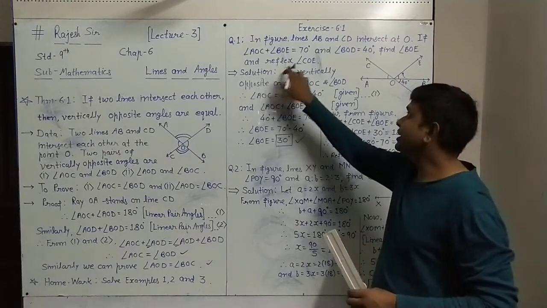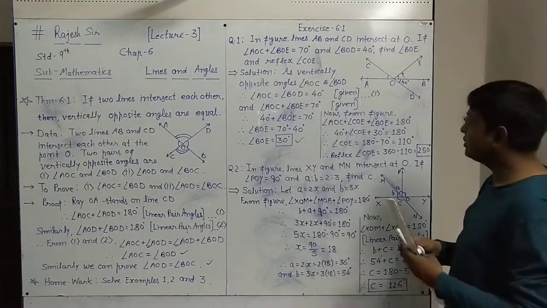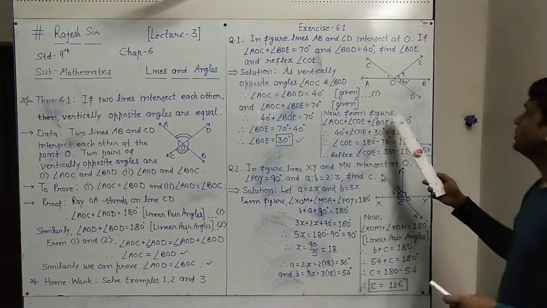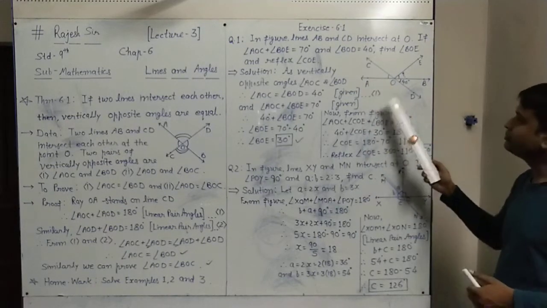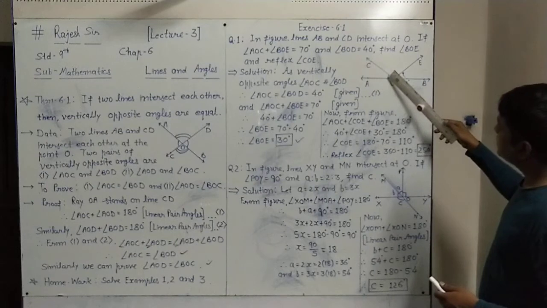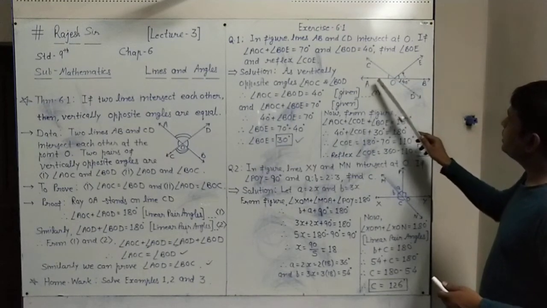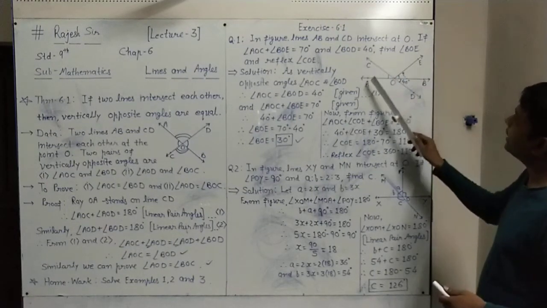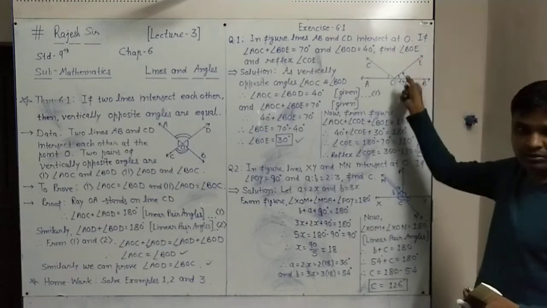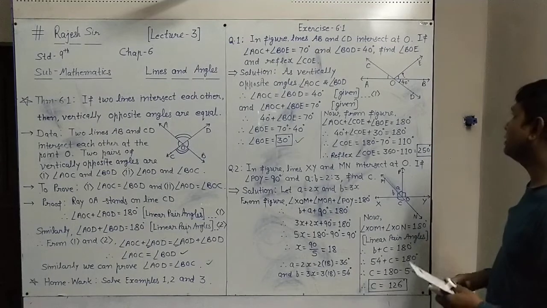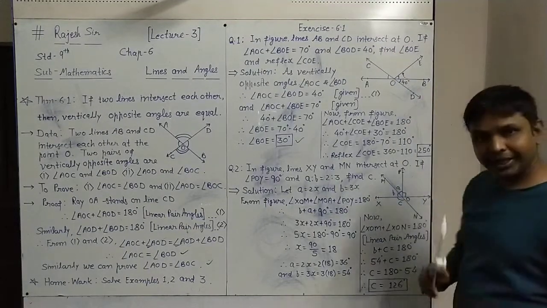Now to get reflex angle COE. From the figure you can see this whole angle AOB is a straight angle, right, so that will be equal to 180.